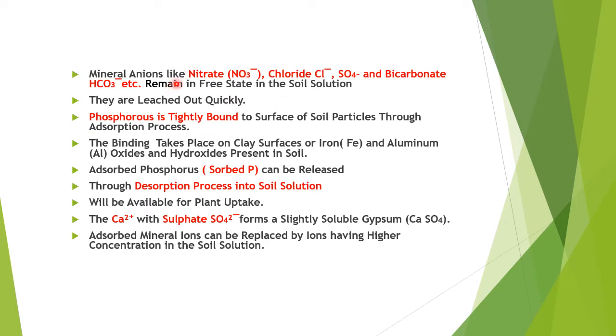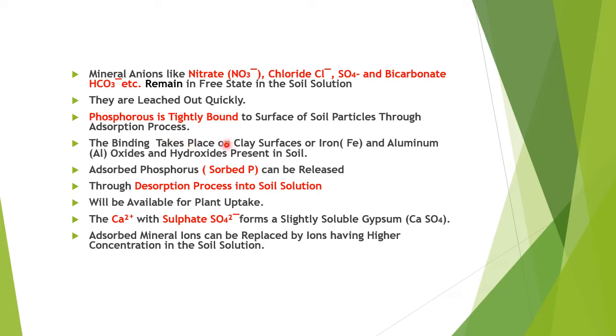Mineral anions like nitrate, chloride, sulfate, bicarbonate remain in a free state in the soil solution, so there are always chances they will be quickly leached out. We have phosphorus, which is tightly bound to the surface of soil particles through the adsorption process.